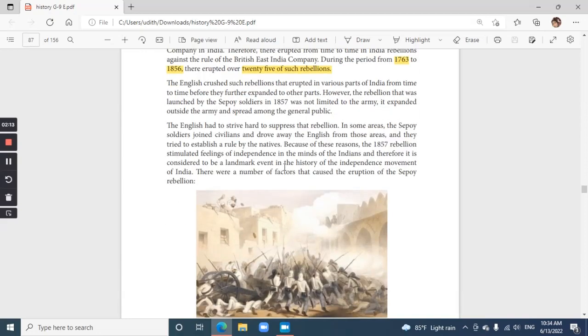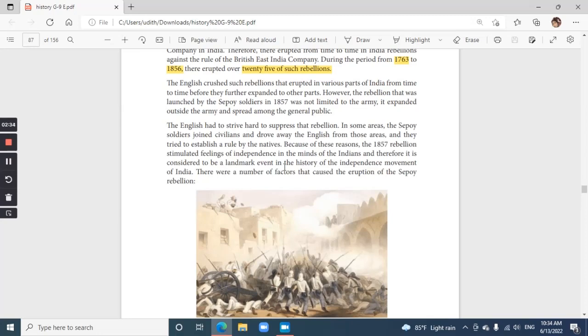The English crushed them, because they were afraid these rebellions would spread to different parts of India.